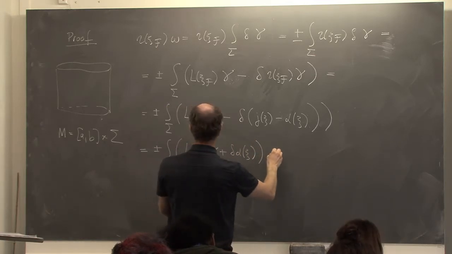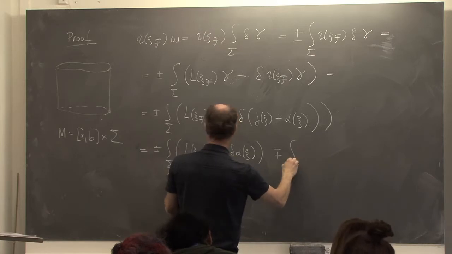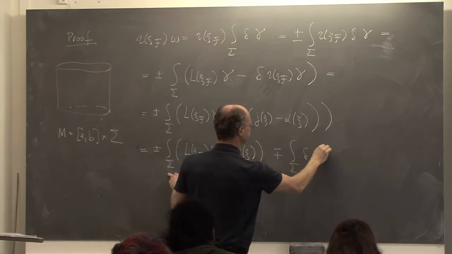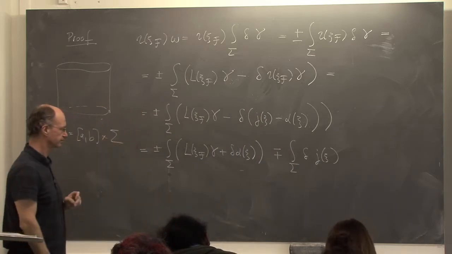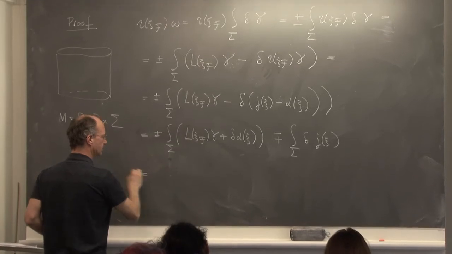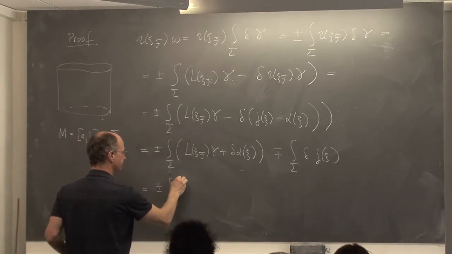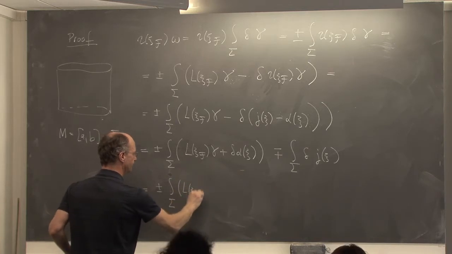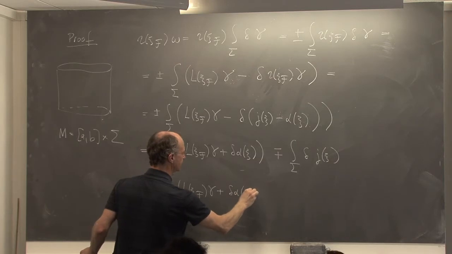And here minus plus integral over sigma delta j of psi. So let me do the last rewriting. So this is plus minus integral over sigma L of psi f gamma plus delta alpha psi.